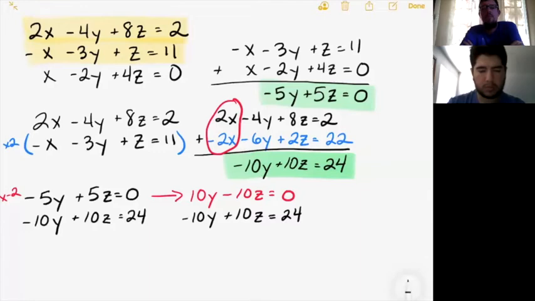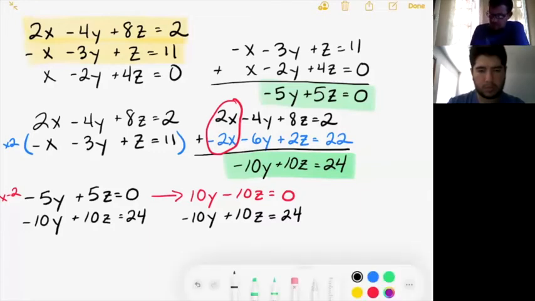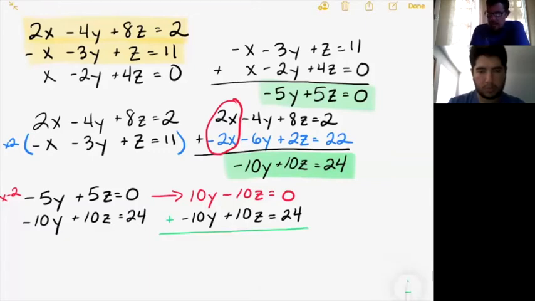All right. So now I'm just going to add these two equations. 10y minus 10y is 0. Negative 10z plus 10z, also 0. So I end up with 0 over on the left side because my y's and my z's go away. And on the right side, I have 0 plus 24, which is 24.